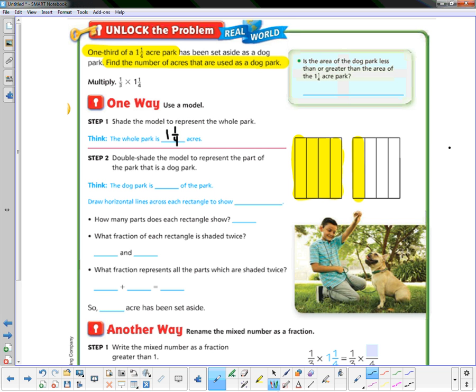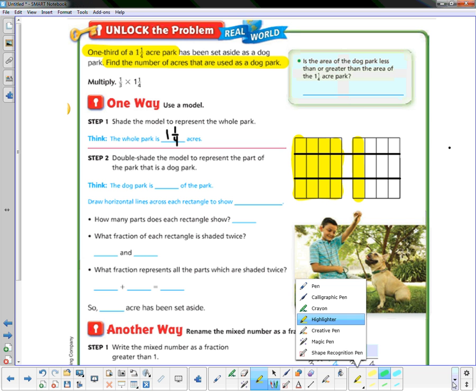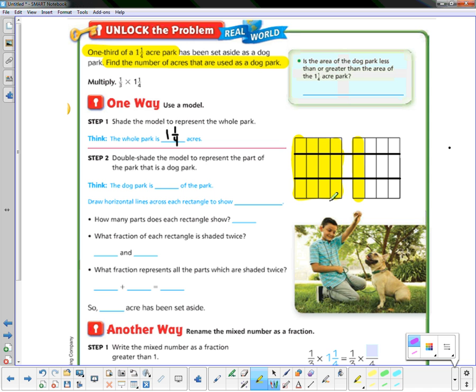Well, we're going to double shade the model to represent the park where the dog park's going to be, and that's 1/3 of it. So if you remember, we break it into 3, and we double shade it. And let's use the pink because we're trying to find our new numerator, remember?